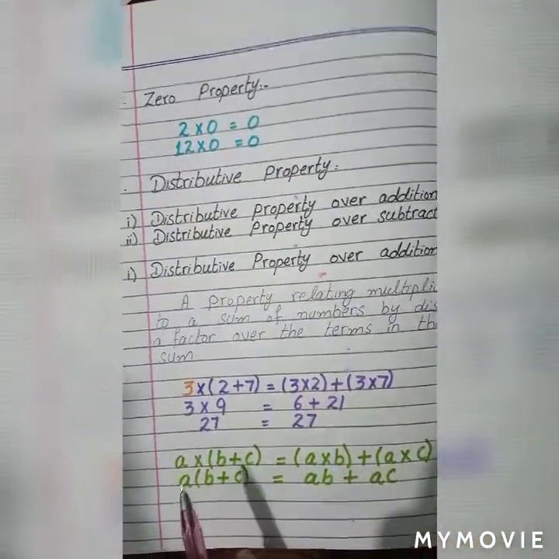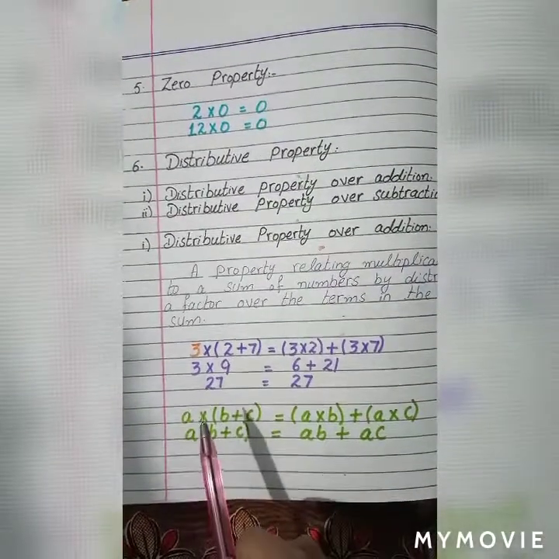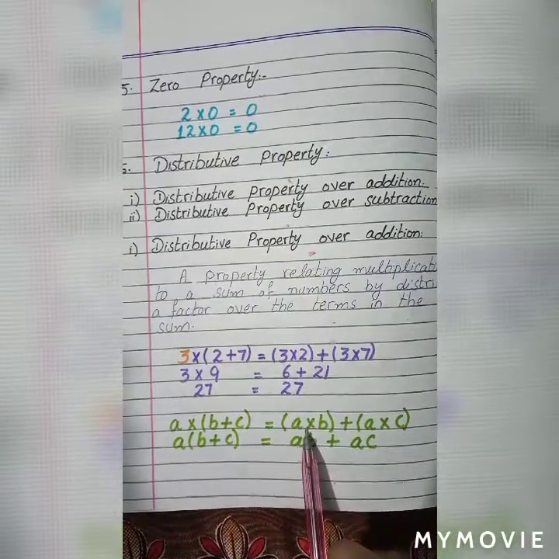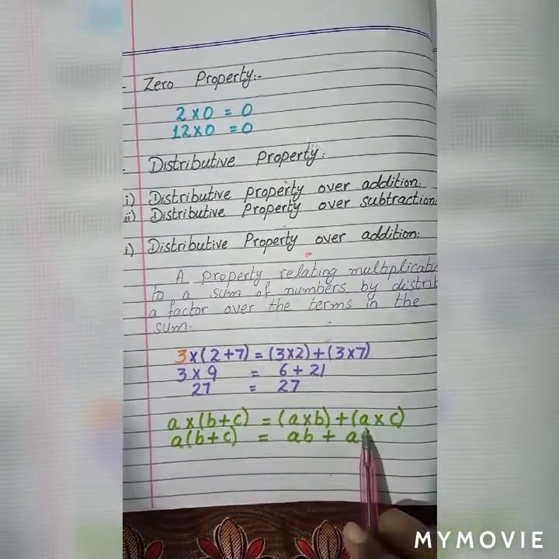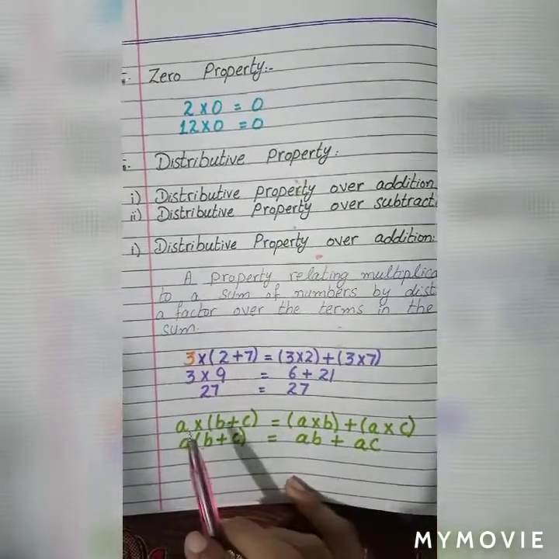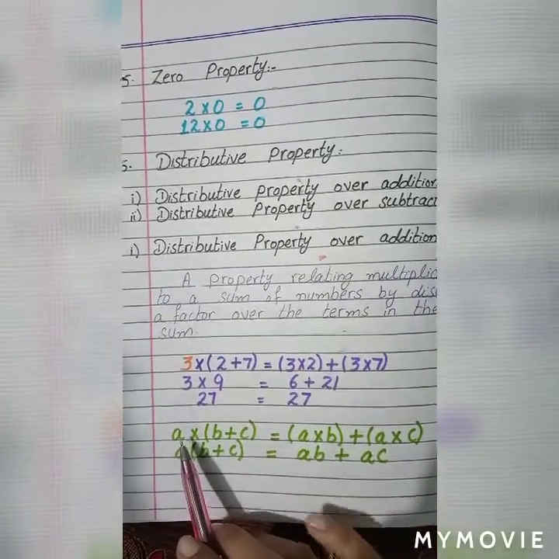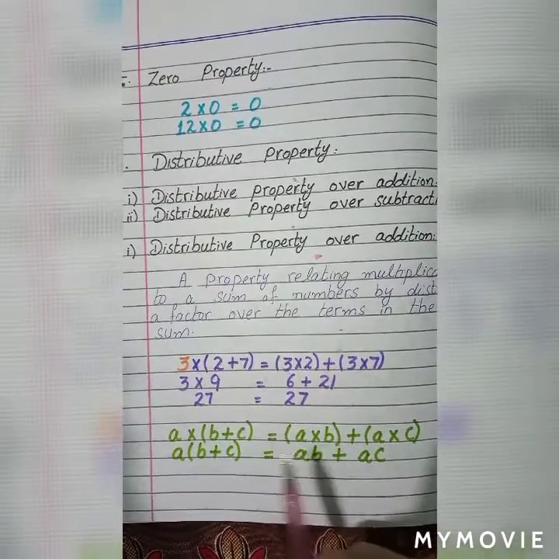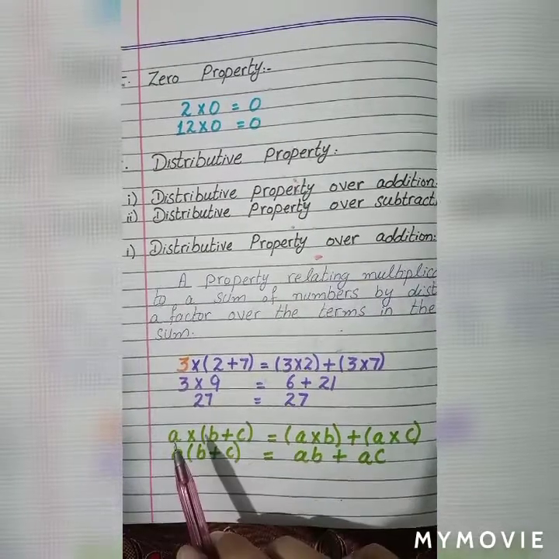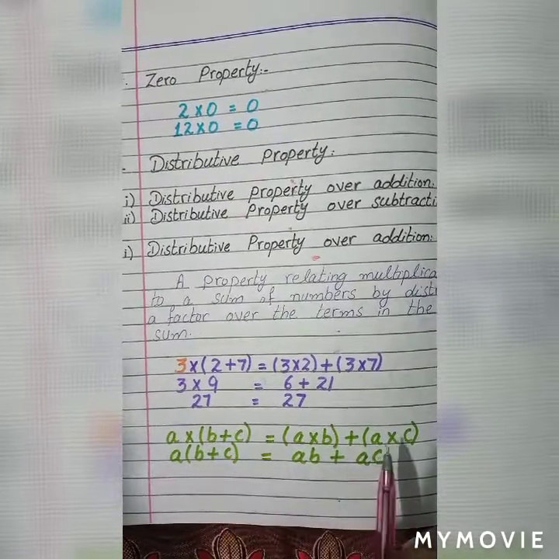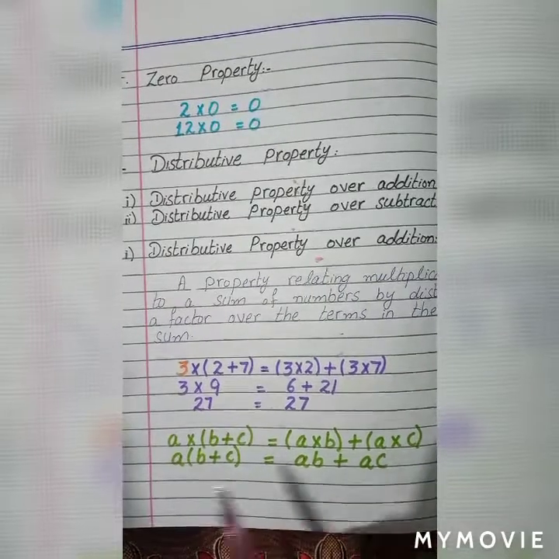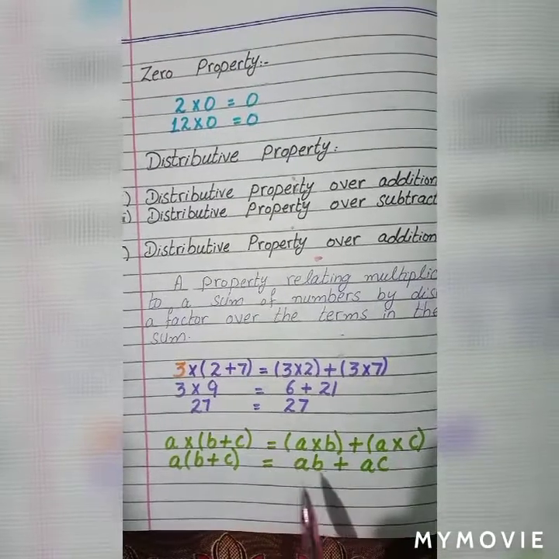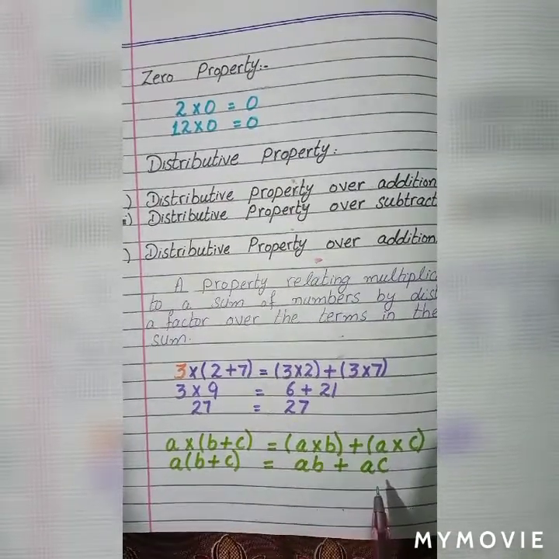The formula for the distributive property over addition is A multiply (B plus C), which is equal to A multiply B plus A multiply C. Here a factor A is combined with B and C, and there will be no change in the answer while factor A makes a group with B and C. We can also write it as A into (B plus C), which is equal to AB plus AC.